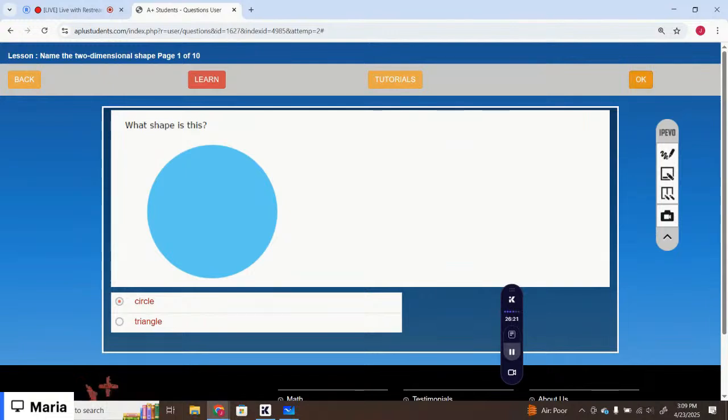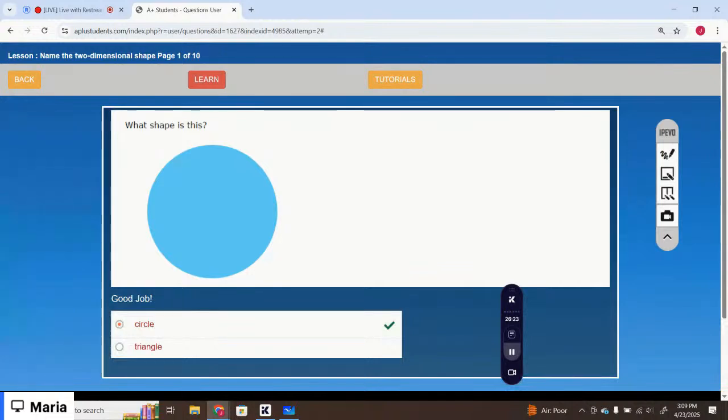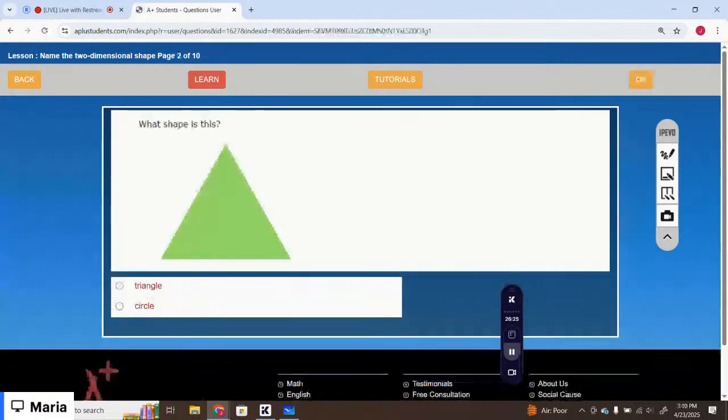Option number 1 is the correct option. What shape is this? Triangle or circle, which is the correct option?